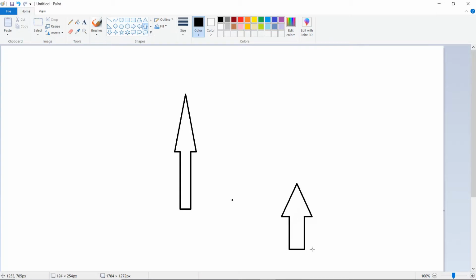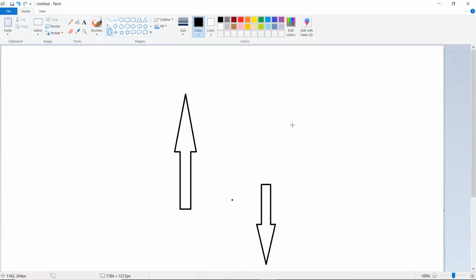I can rotate it. So I represent the arrow in the opposite direction. It means that I'm pushing the force downward, or pulling the force upward.